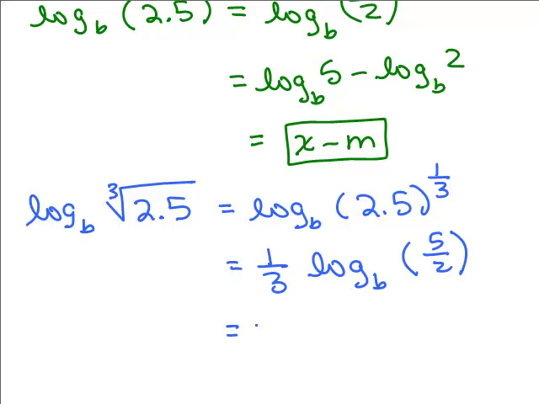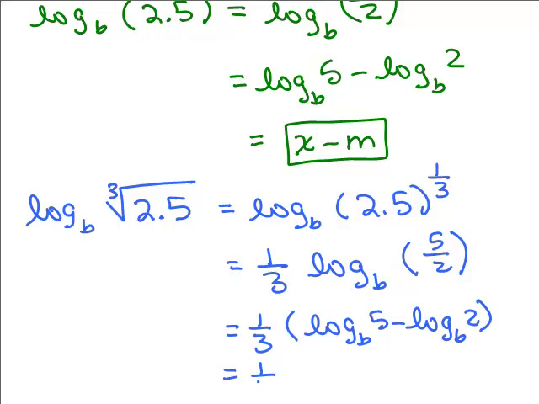See how we're building this up? So then we've got 1/3 log base b of 5 minus log base b of 2, which would be 1/3 x minus m. That's sort of like what we had up here, the x minus m. So you could leave your answer like that, or you might distribute and write that as 1/3 x minus 1/3 m.